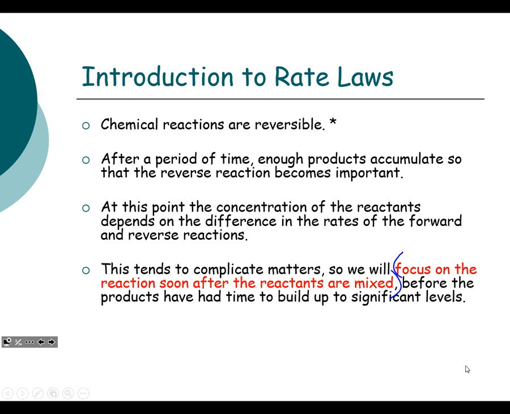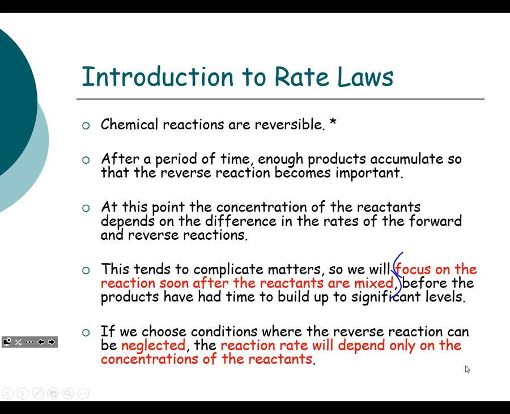If we choose conditions where we can ignore that reverse reaction, then the reaction rate will depend only on the concentration of the reactants. Highlight this, underline this, set this on fire, tattoo it on the back of your hand, something, because we are only ever going to work with reactants when we are talking about rate laws.